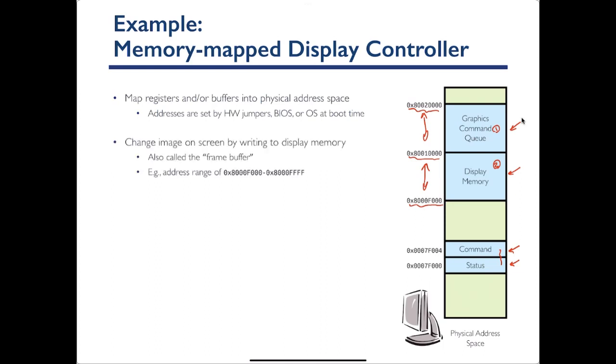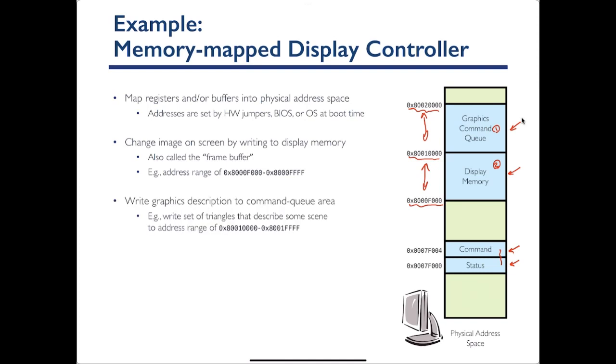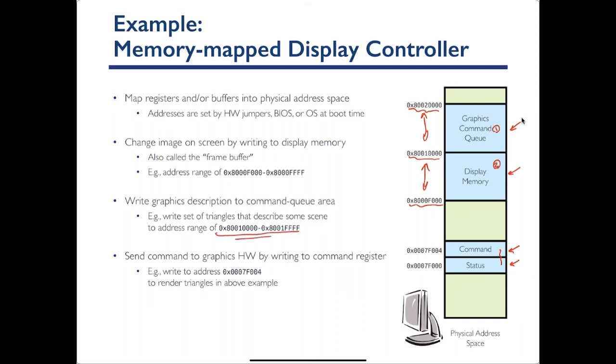Now, let's assume that you want to send a sequence of commands to the device. What you usually do is use this range of addresses to write those commands to memory.